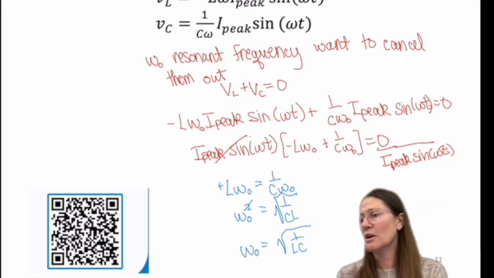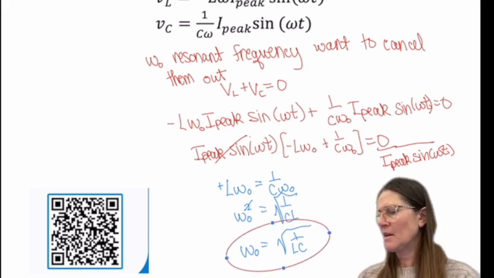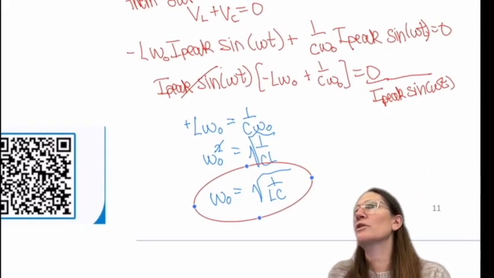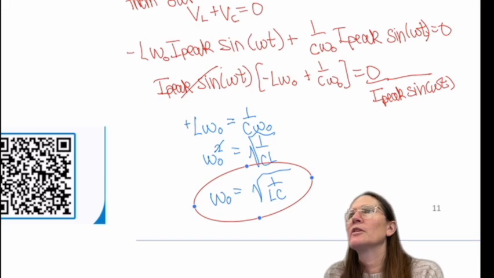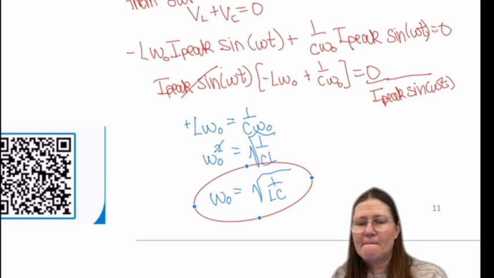So this would be our resonant frequency, 1 over the square root of LC. So if we just know the inductor value and the capacitance value, we can find the resonant frequency for this circuit.